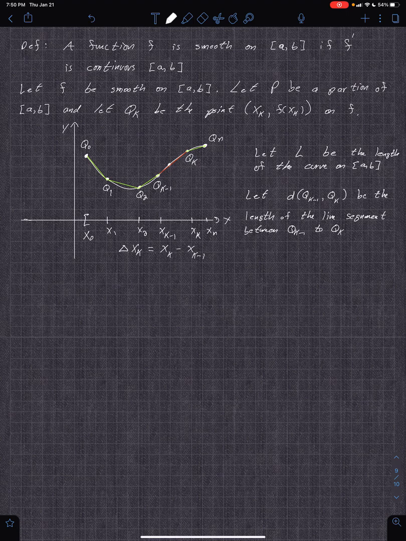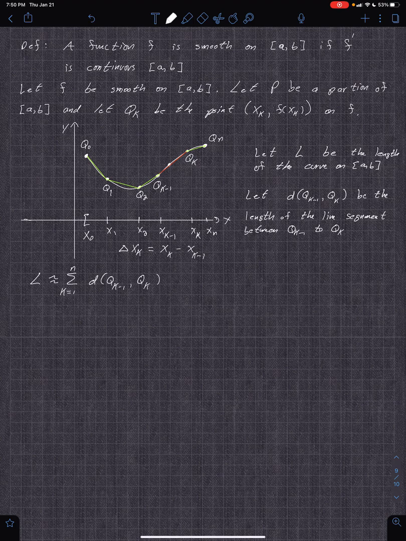So L, we can say, is approximately the sum, k goes from 1 to n, of all those lengths of q sub k minus 1 to q sub k.